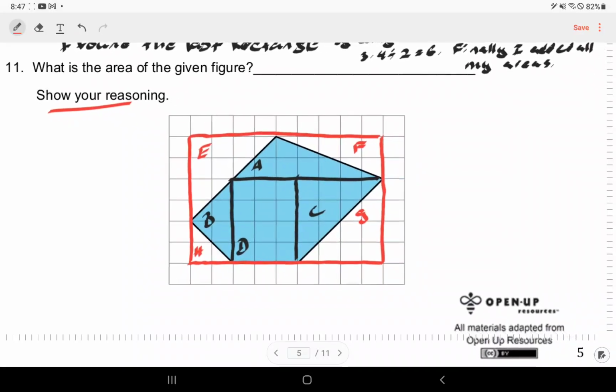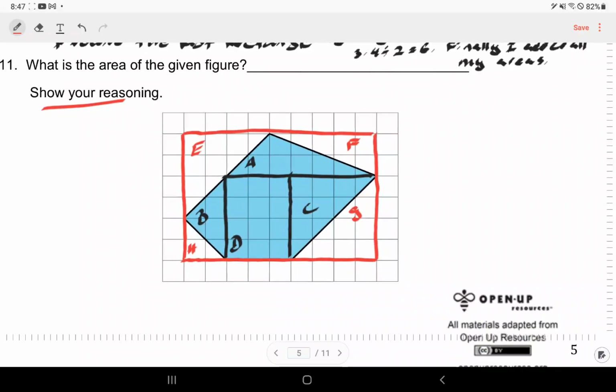So, for the first method, here's the height of this triangle. So the base is 1, 2, 3, 4, 5, 6. So our base is 7 and our height is 2. So area of A is 2 times 7 divided by 2.